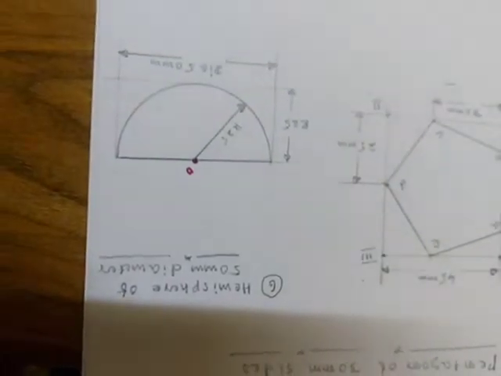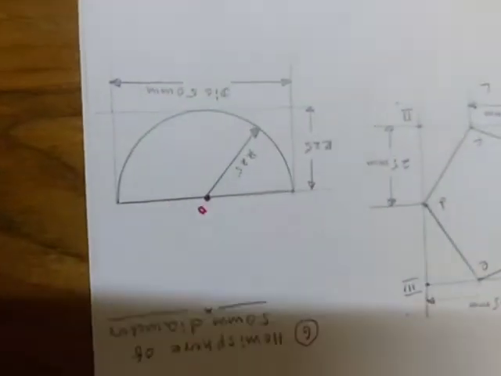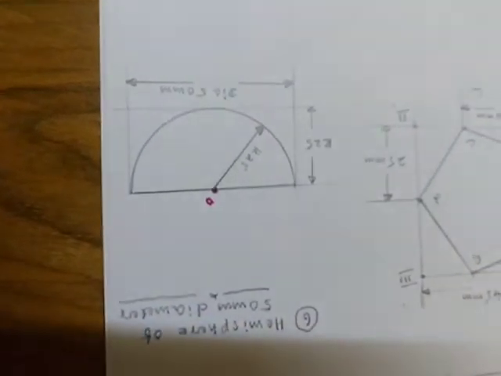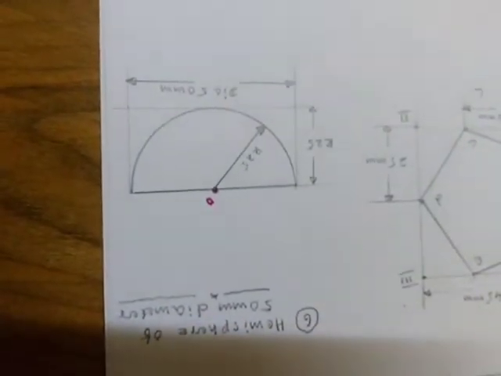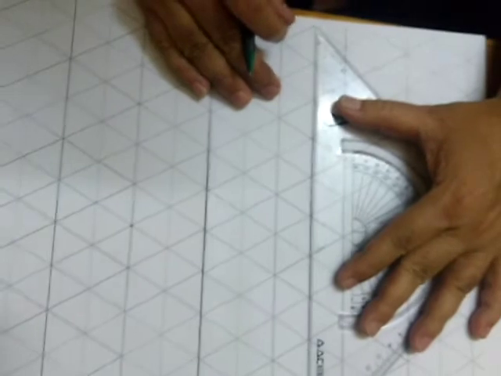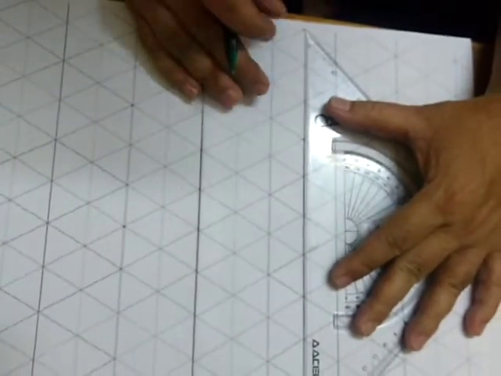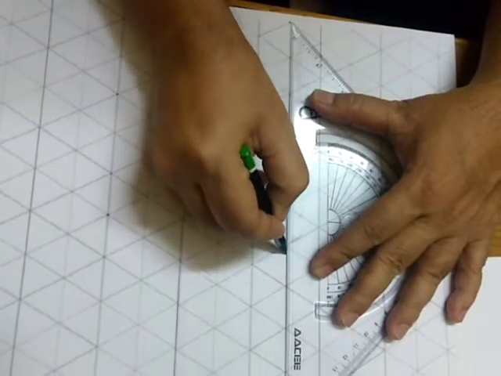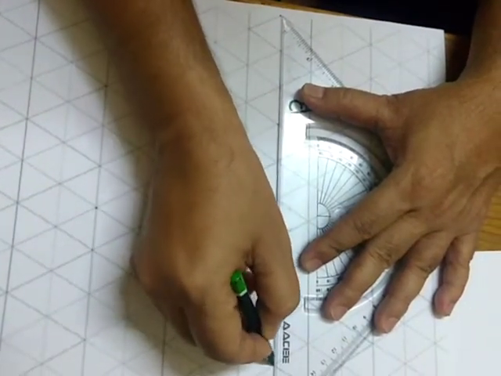So for this I want to draw the hemisphere. A hemisphere is a half circle. So how to draw the half circle? Very simple, concentrate. There are 2-3 methods. I will show you the simple method here. First I will draw the vertical line.